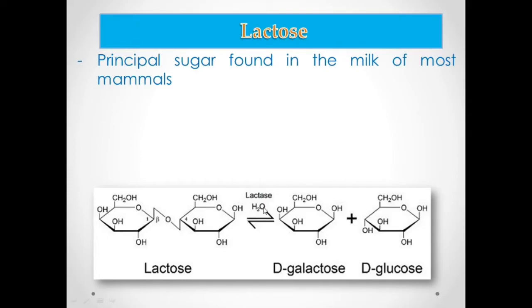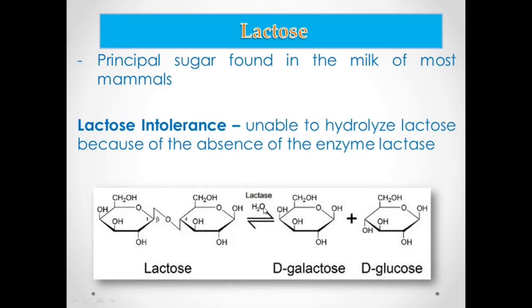That's why, if you drink milk and have this condition called lactose intolerance, you will feel uneasy in your stomach. Your stomach will hurt, or you can even have diarrhea, because you have no enzyme lactase and therefore you cannot digest or hydrolyze the lactose.